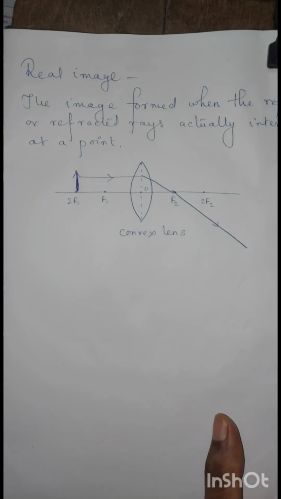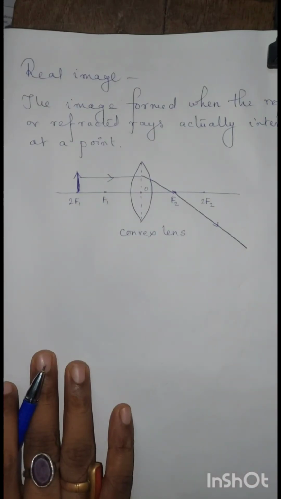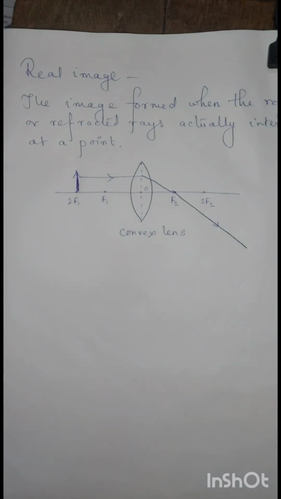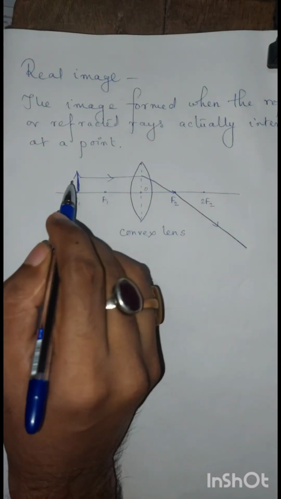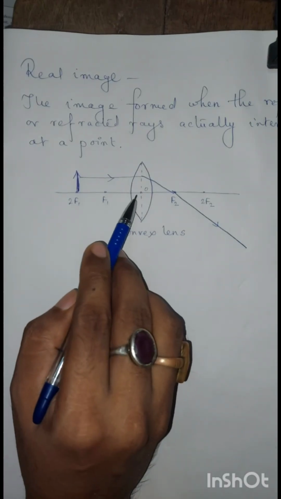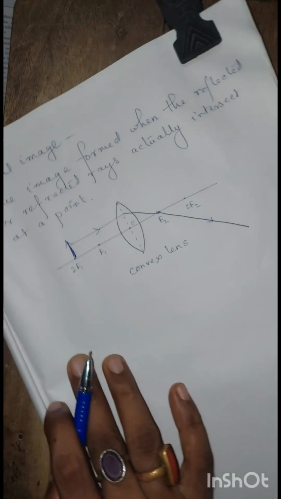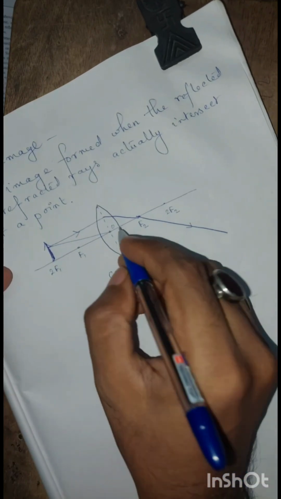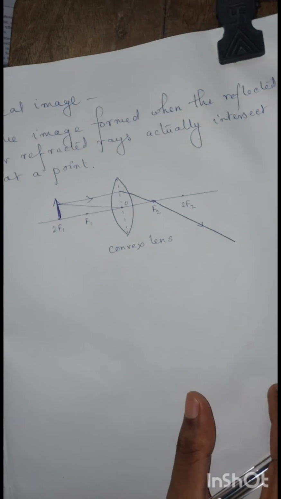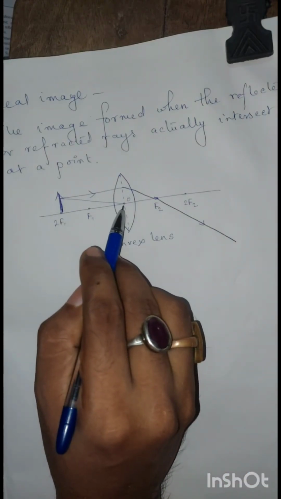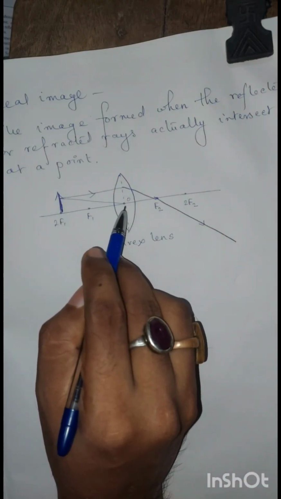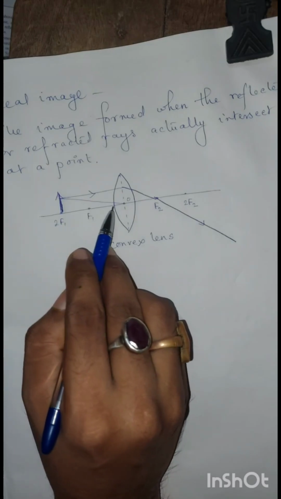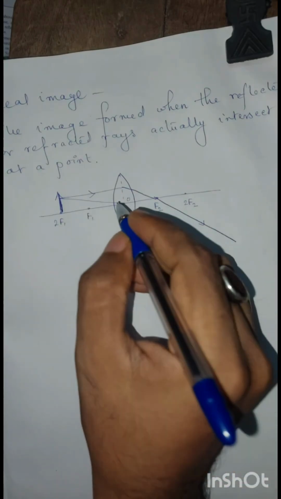And a second ray which passes through this point O. When a ray of light passes through the center of a lens, which is called optical center, it does not change its direction.